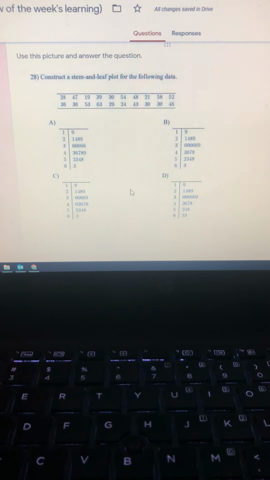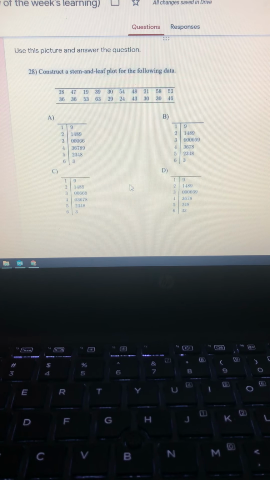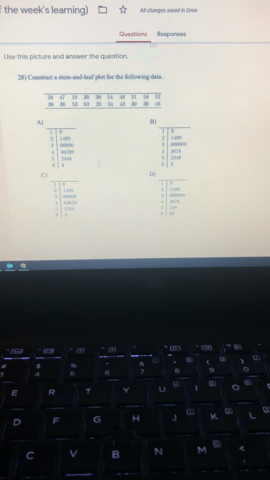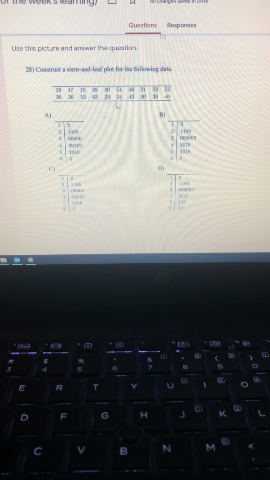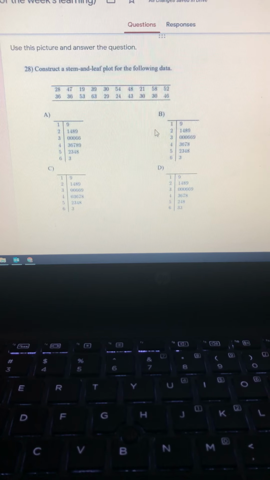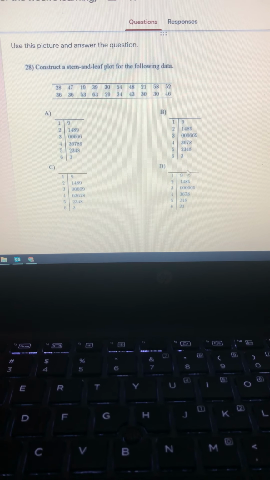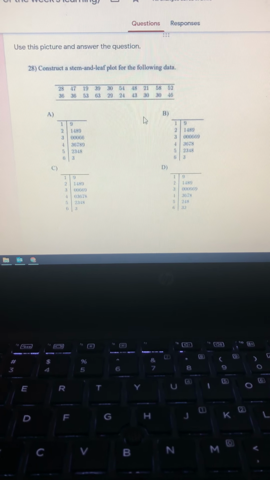All right. So yesterday I introduced you guys to stem and leaf plots. So this is an example of a stem and leaf plot, right? So when we look at the data, again, we want to do process of elimination. So we can look at these numbers and then look at the stems and then look at the leaves to determine which one it might be.